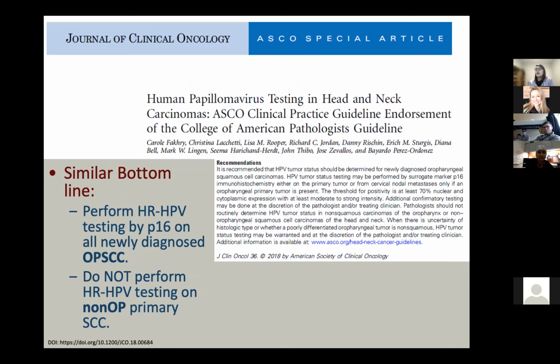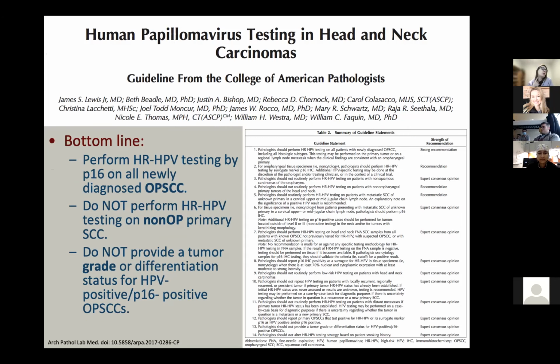The one area where we will test something that may or may not be an oropharyngeal primary is if you have a nodal met. So if you have a cancer of unknown primary, those also are tested for HPV, because if they're positive, you know where to look.